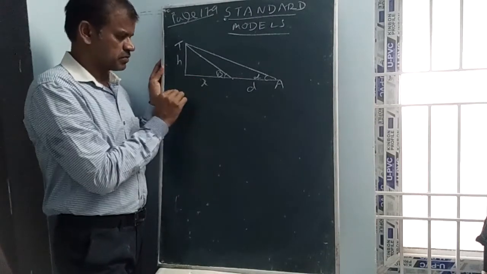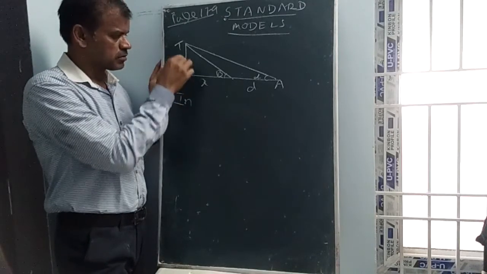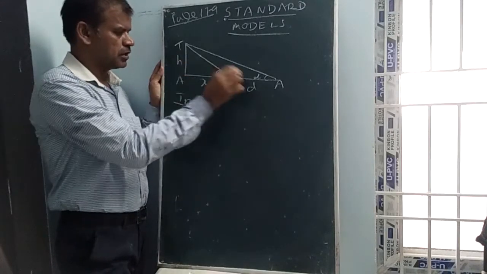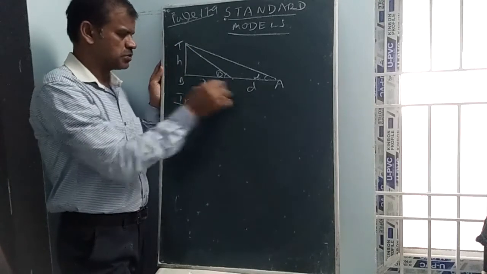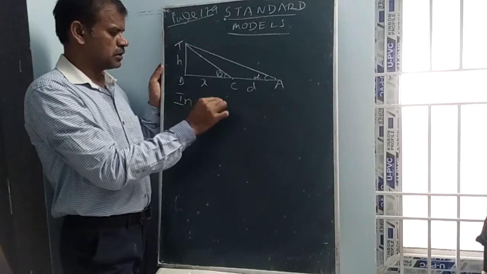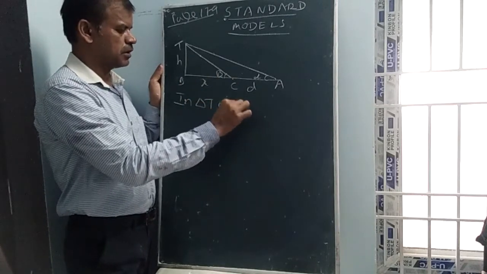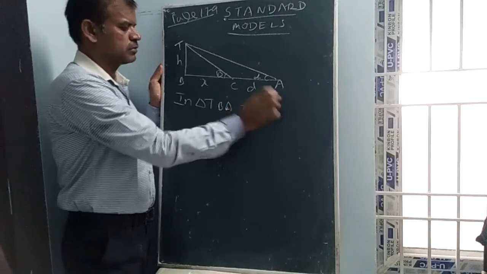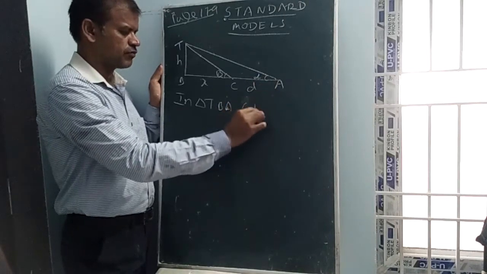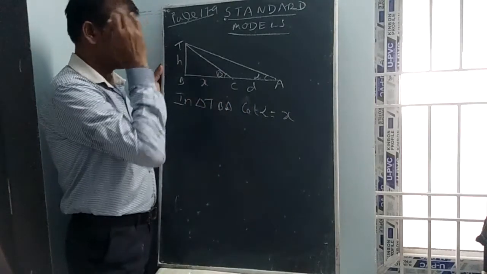Let this be x in the triangle. Now we should calculate the height of the given tower. TA is already given. This is B, this is C. In triangle TBA, cot alpha means adjacent side by opposite side.